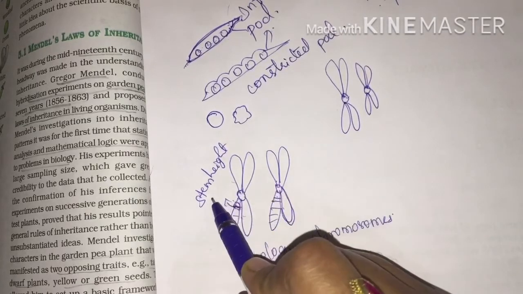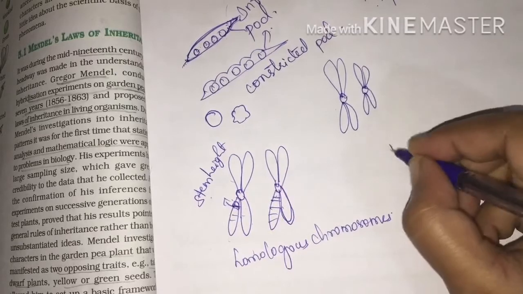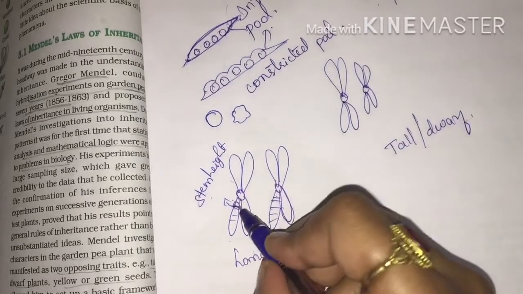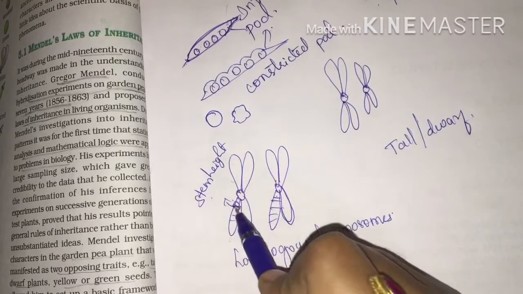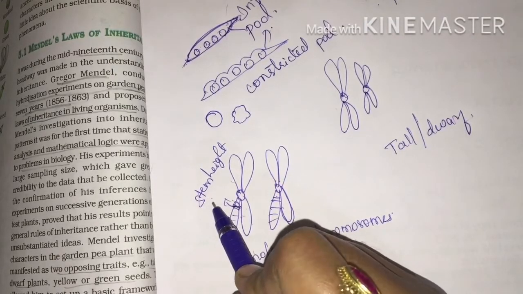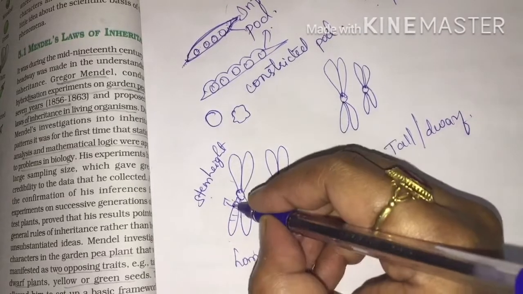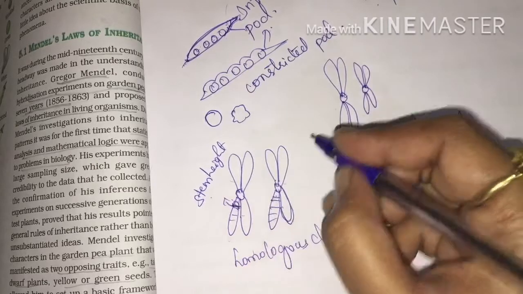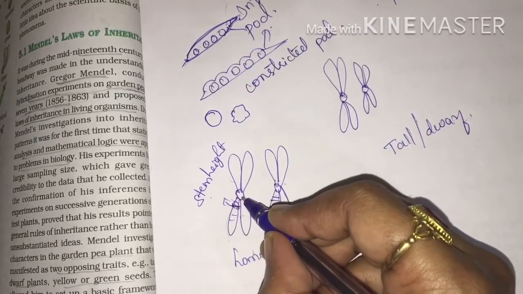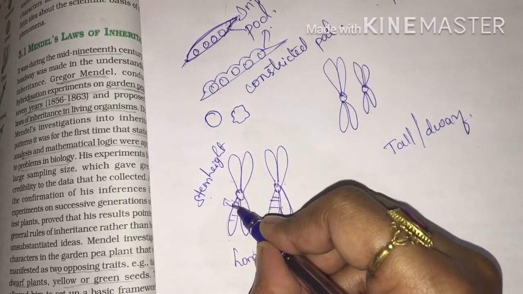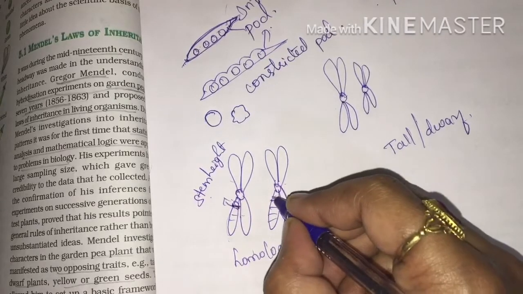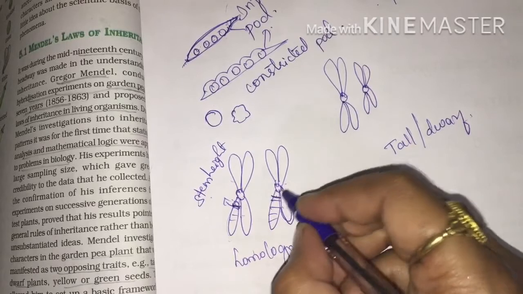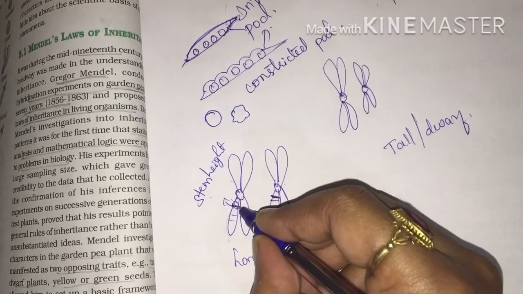Now stem height, we said, has contrasting characters. What? One is tall, one is dwarf. Either this gene can represent a stem height of tall or it can represent dwarf. So which one will represent? It depends on these genes. Now when we say homologous chromosome, on the left side of this chromatid, where the gene is located for stem height, the same gene should be located in the same position of the other chromosome of the pair.